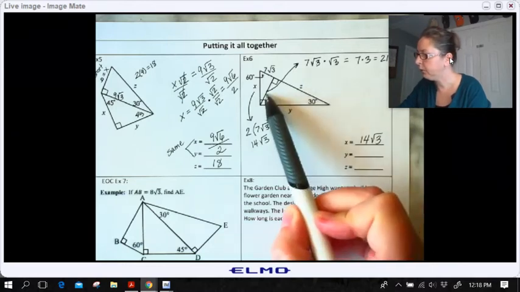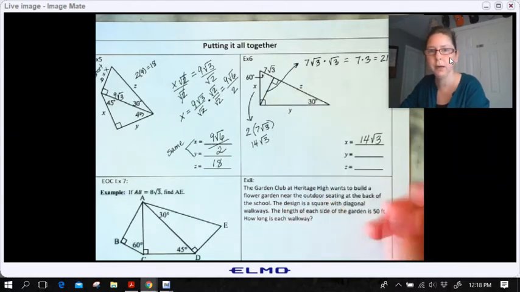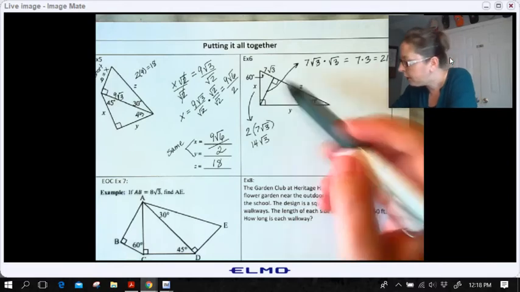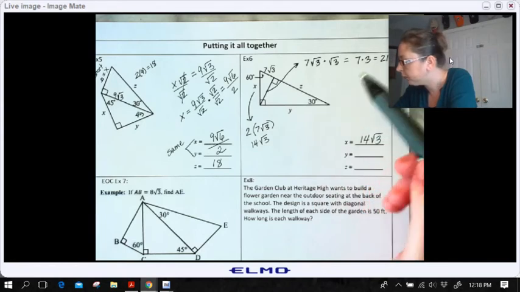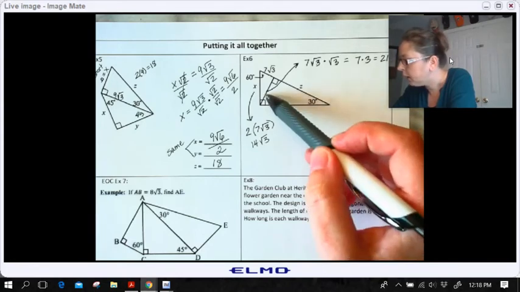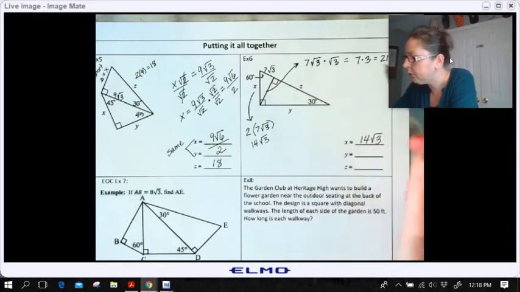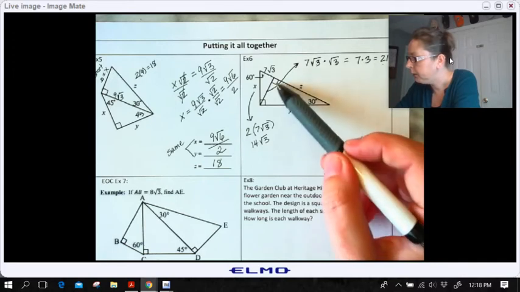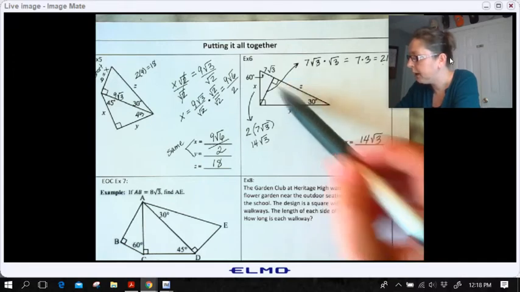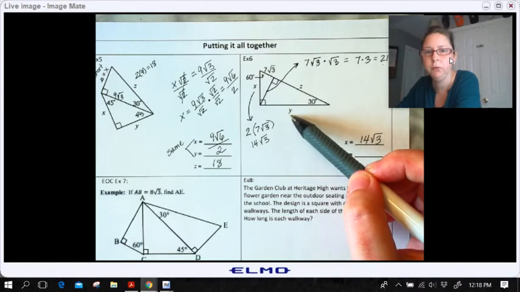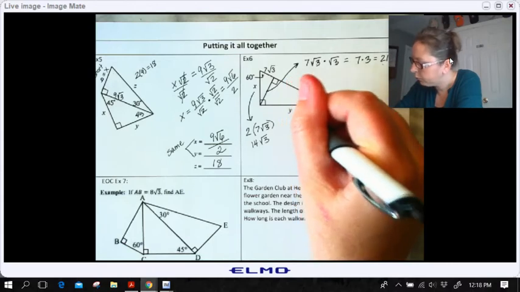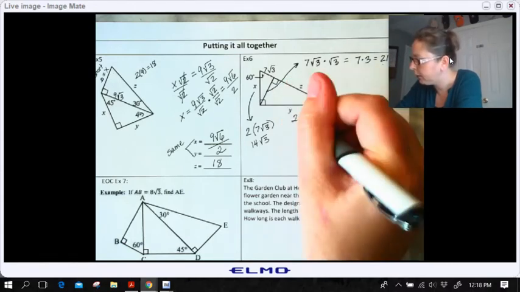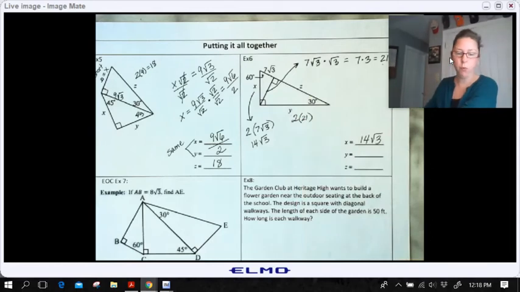But now I can use this information to find y and z, okay? So now I am in this triangle here. This is opposite the 30, which means that this is the short leg, okay? This is opposite the right angle, so this is the hypotenuse. The hypotenuse is going to be equal to 2 times this value, which is 42.